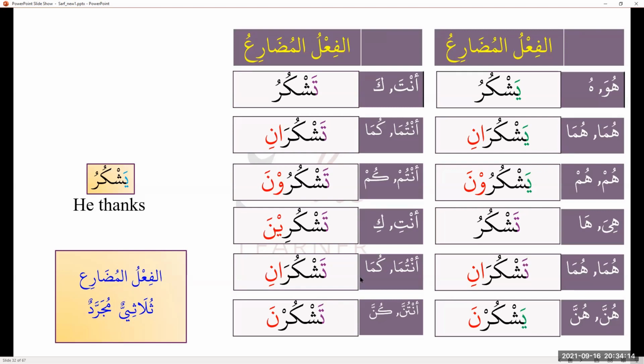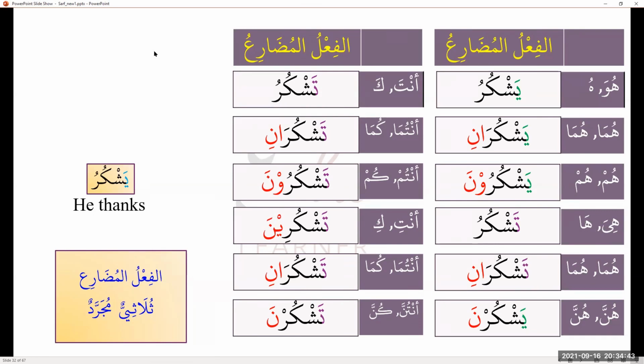What is important to note here is that in the second person, all the prefixes are ta, always. And this ta is also coming for the feminine Hiya version and the feminine Huma version. That's it. So it's simple.